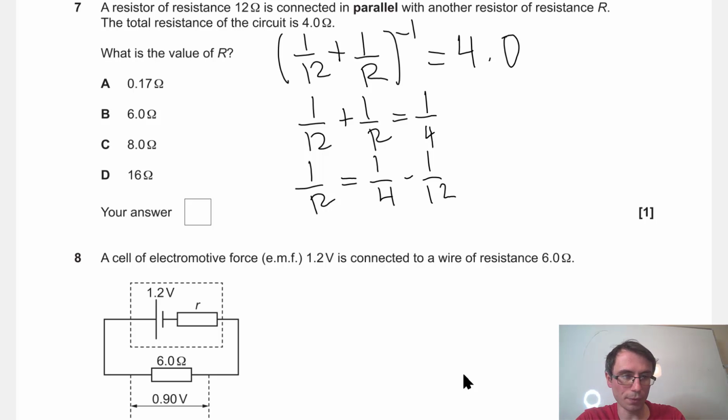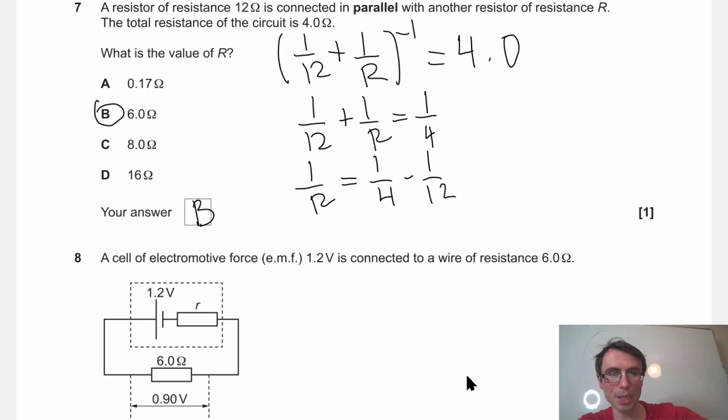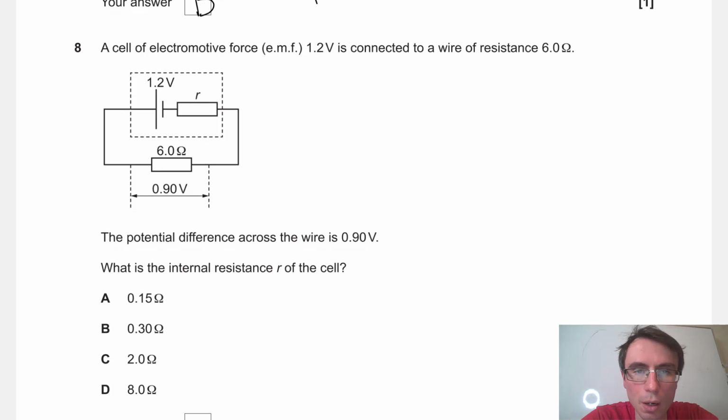So 1 over 4 take away 1 over 12 will give me 1 over 6, and then we're going to flip it, giving me 6 ohms. Correct answer is B.